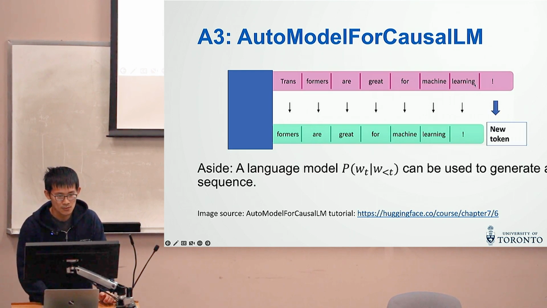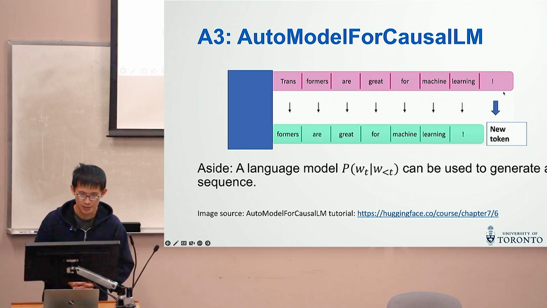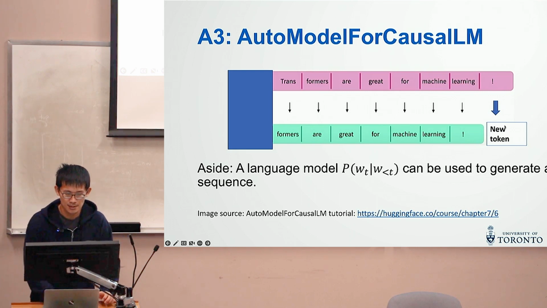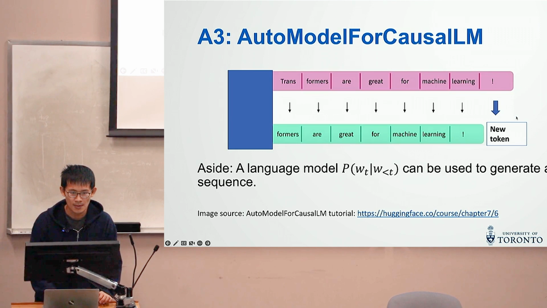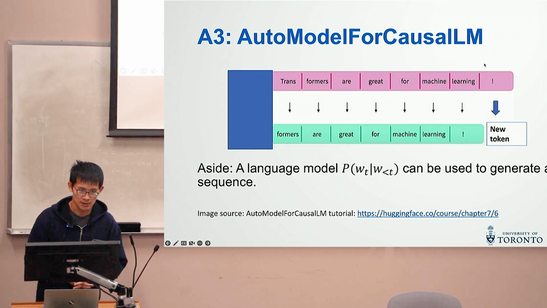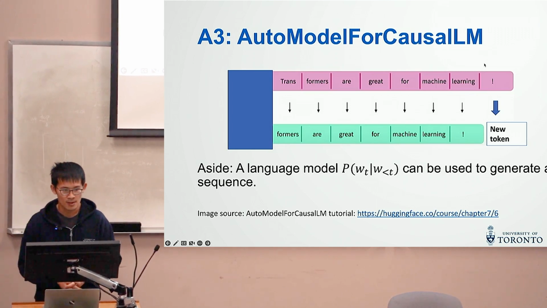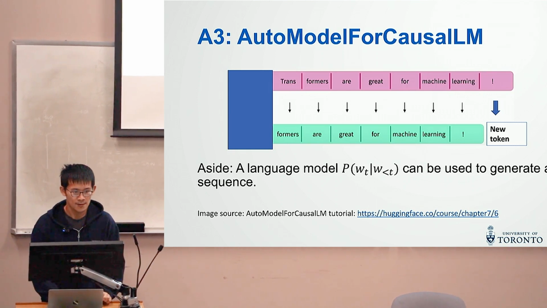So what this model predicts is the probability of the new token. Effectively, the auto model for causal language modeling can be used to predict the probability of a new token given the previous sequence.